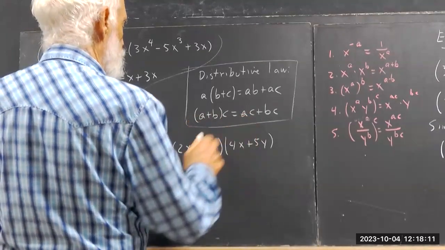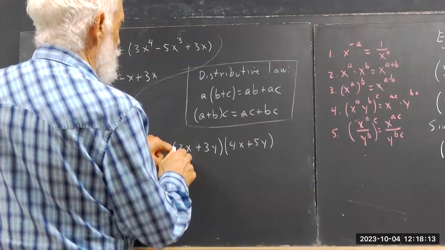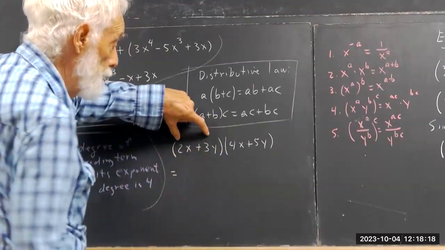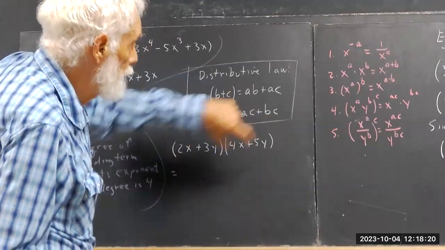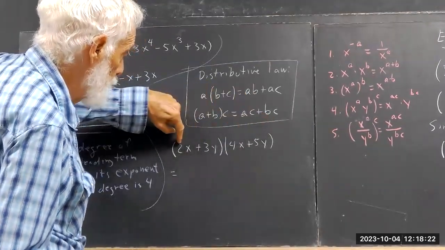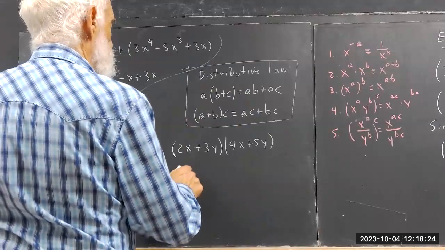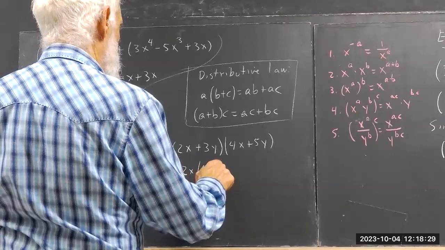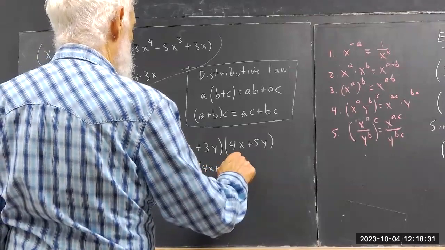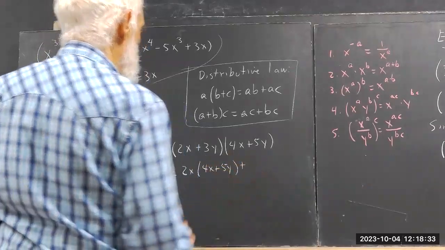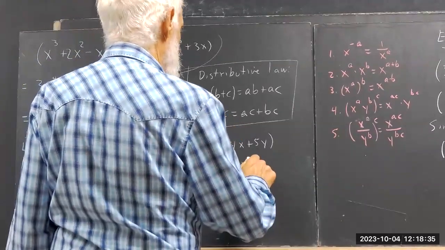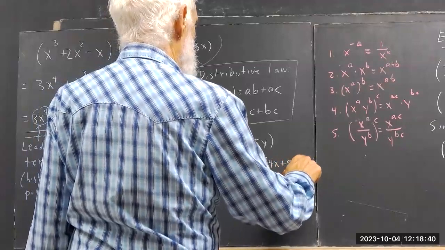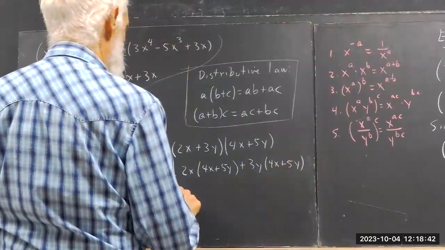Use the law in this form where we have an A plus B multiplied by C. Now here's your A plus B, and all this is your C, because all this is getting multiplied by your A plus B. So you're going to write this as 2x multiplied by 4x plus 5y, and then plus 3y multiplied by 4x plus 5y.